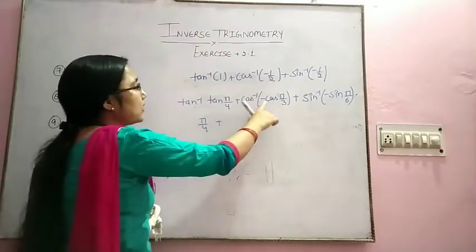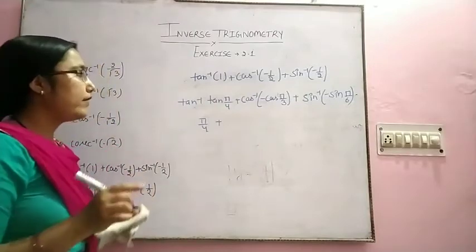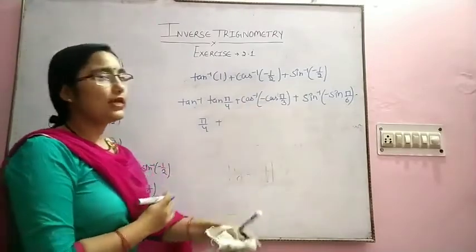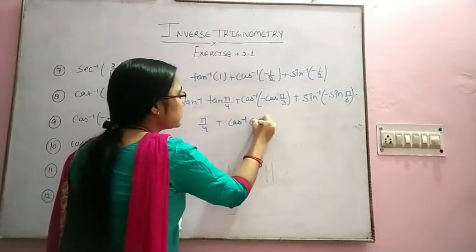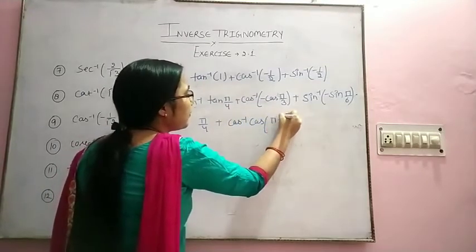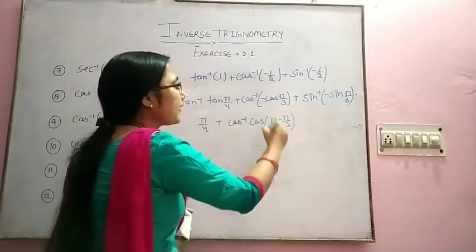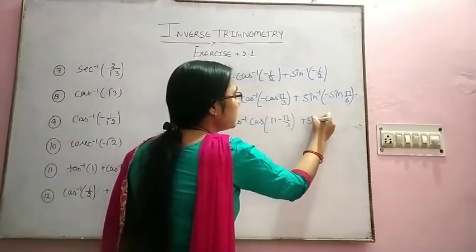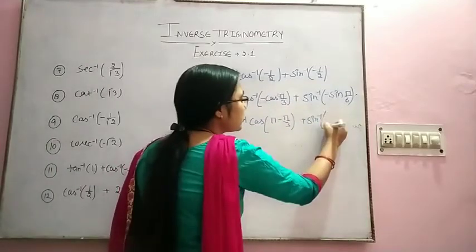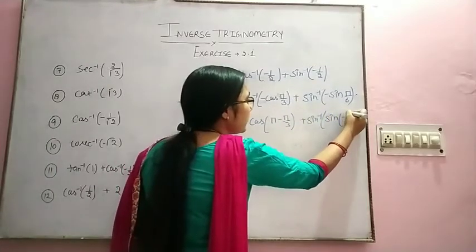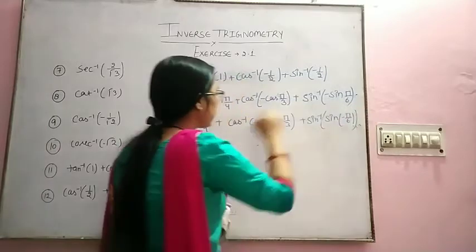If we want to cancel out cos inverse and cos, we have to remove the minus sign here. So it is also written as cos inverse cos pi minus pi by 3, plus sin inverse of minus sin theta, which is also written as sin minus theta.